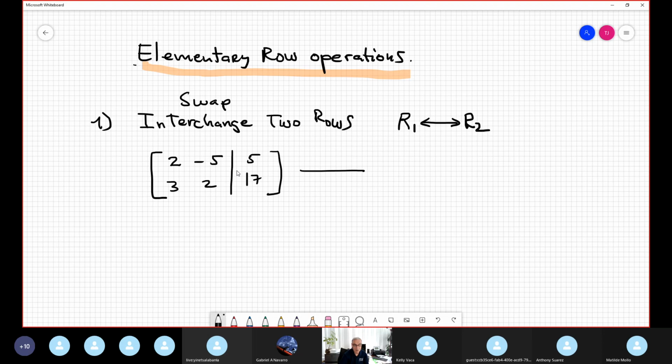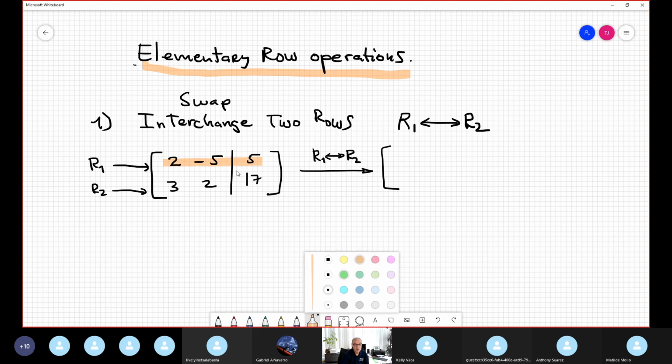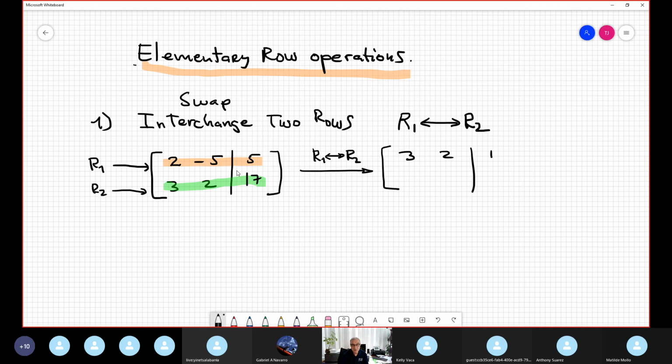The operation I'm doing is row 1 interchange row 2. Remember, this is row 1 and this is row 2. This is super easy. You put row 2 first: 3, 2, 17, and then 2, -5, 5.